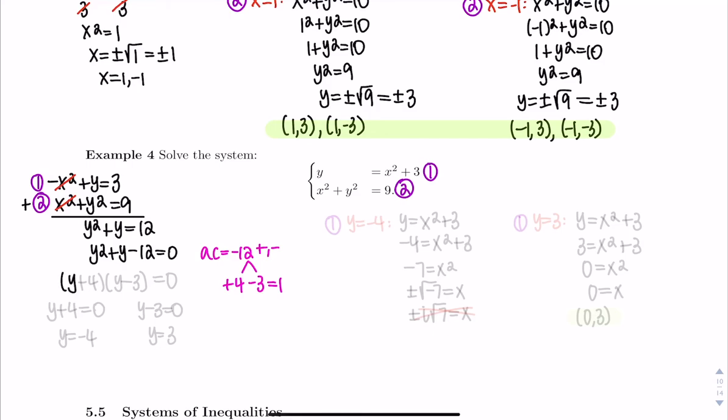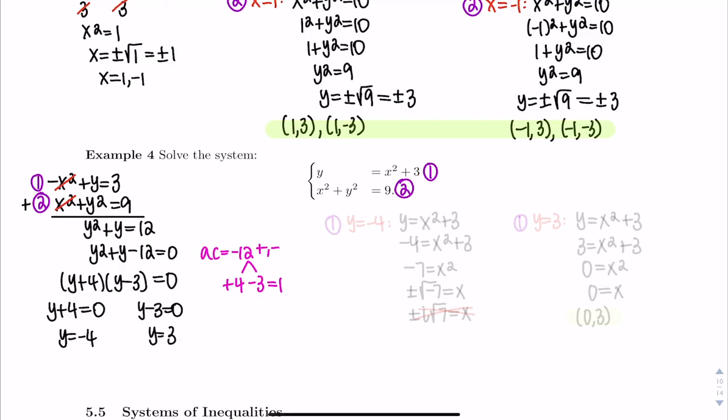So we got y plus 4 and y minus 3 equals 0. Set these both equal to 0. And we end up with y equals negative 4 and y equals 3.